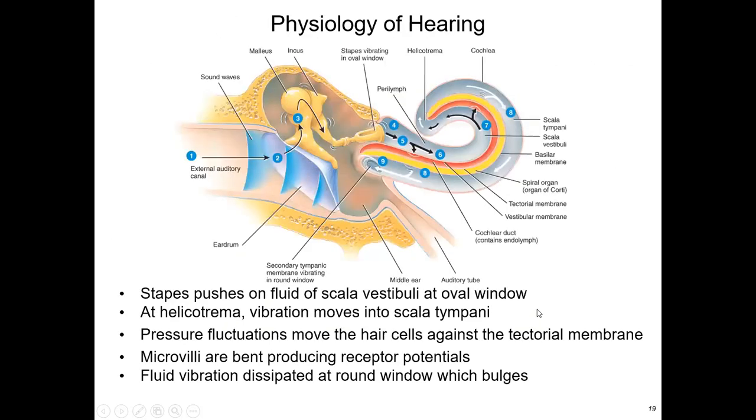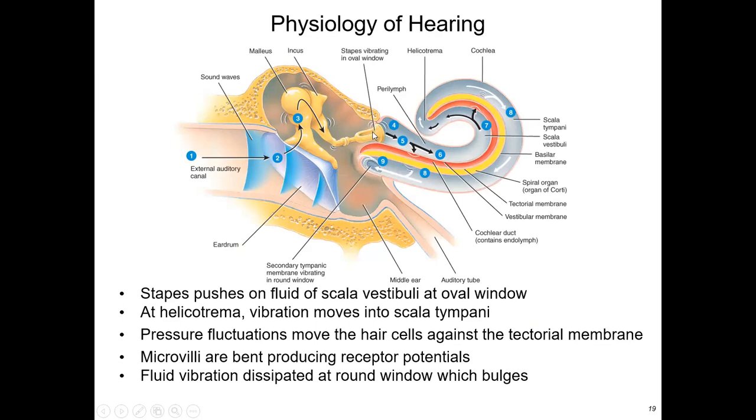When it comes to the physiology of hearing, we have to look at this static view. This is a good way to illustrate pressure waves hitting the eardrum, the subsequent vibration of the ossicles, malleus, incus, stapes.